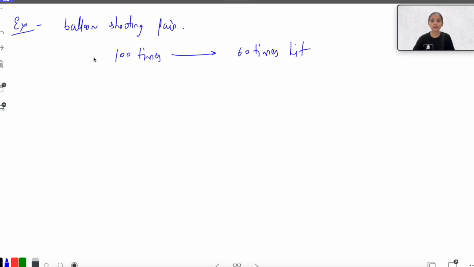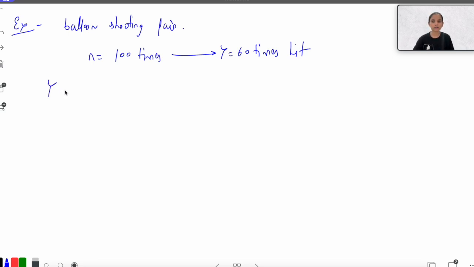So let's say n is equal to 100, the total number of trials, and y is equal to 60, the number of balloons that you have hit. In this model, since you have tried 100 times and hit 60 times, it is very reasonable to consider a model for the number of hits that you have had.